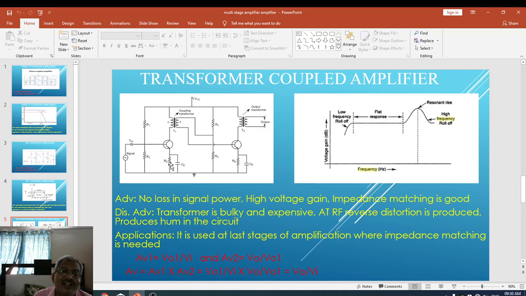Here the emitter resistance Re also provides self biasing to the transistor, which we already studied in the methods of biasing the BJT. Here Ce acts as the emitter bypass capacitor.